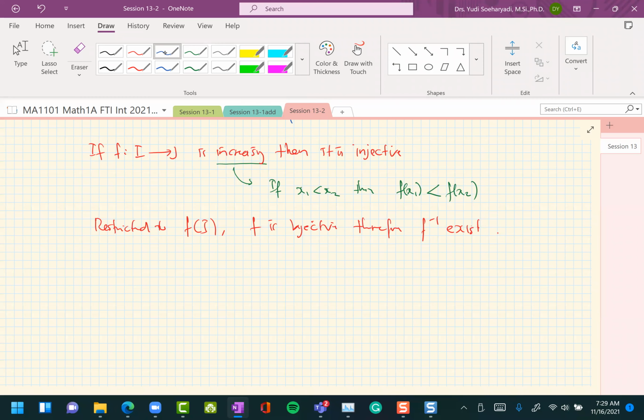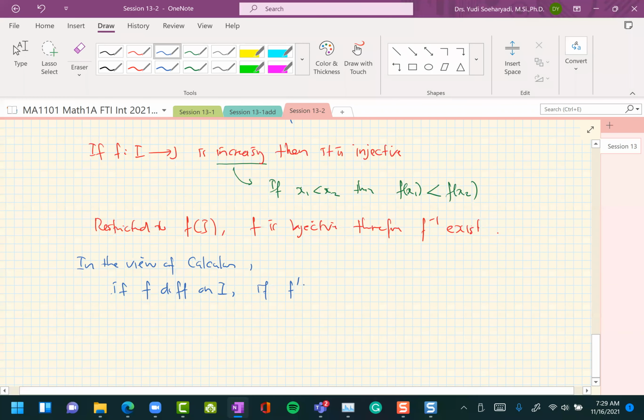So in calculus, if f is differentiable and has positive derivative for all x, then f is increasing.